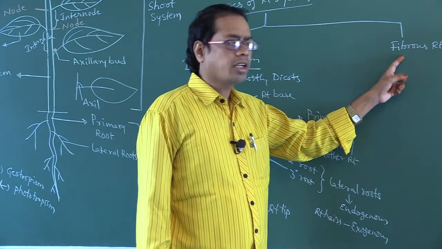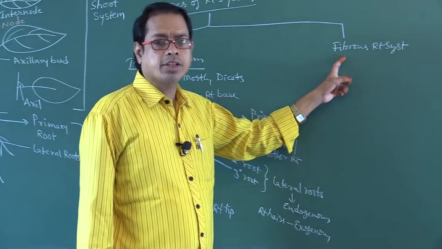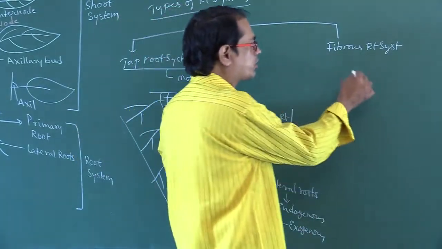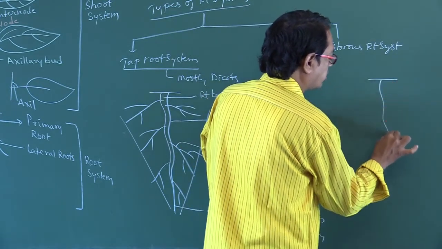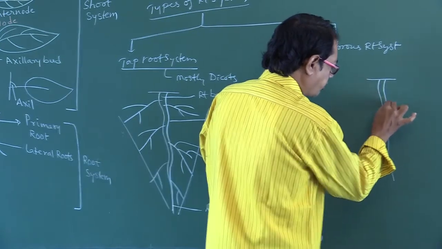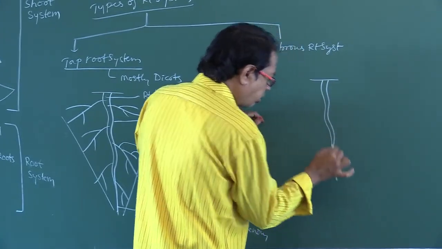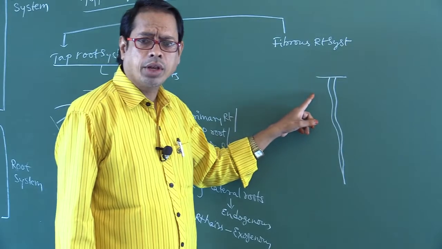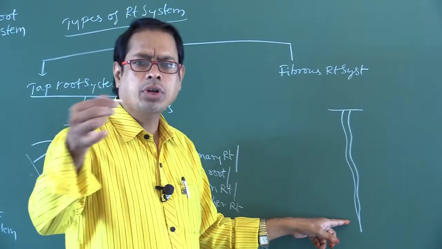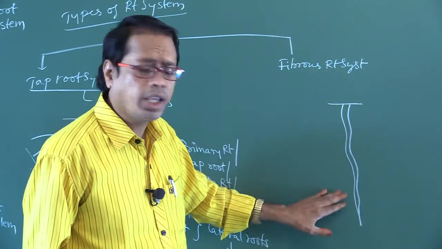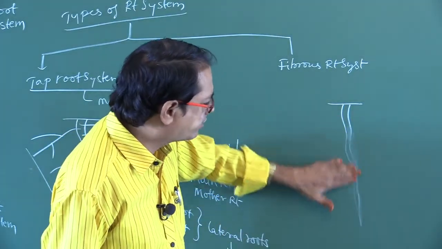Next, another type of root system: fibrous root system. Fibrous root system means, let us suppose, first of all, from the radicle of the embryo, taproot is developed. After some time, this taproot is degenerated.